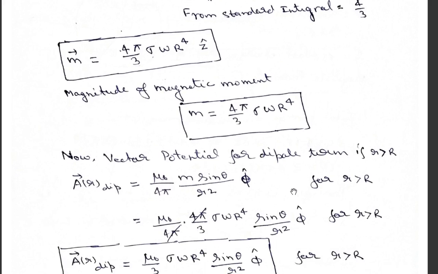Now if this spherical shell is behaving like a magnetic dipole moment, then we can find the magnetic vector potential due to this spherical shell. I have given a separate lecture on how to determine the magnetic vector potential due to a rotating spherical shell.